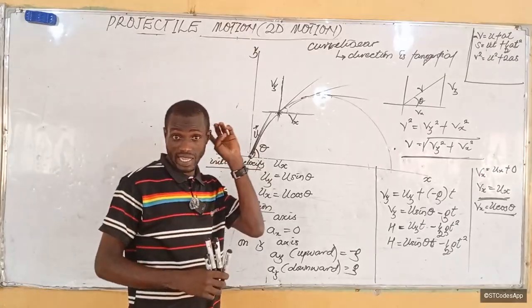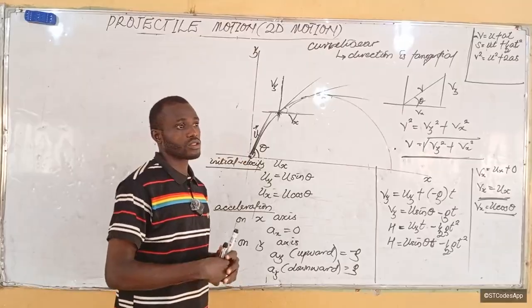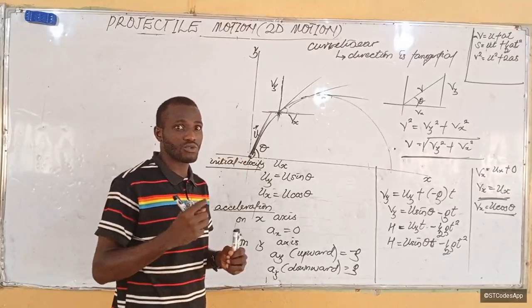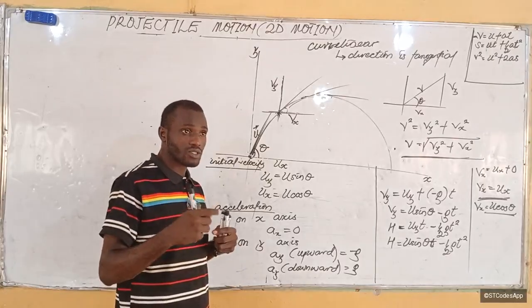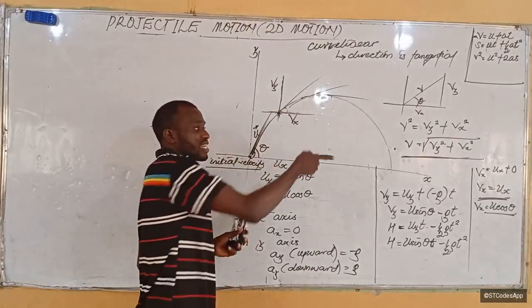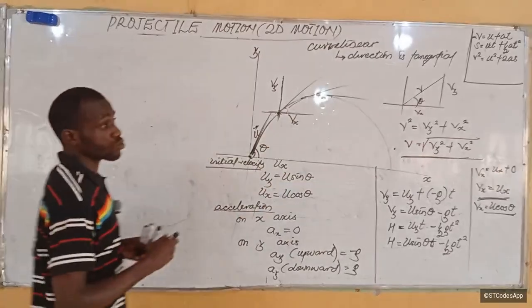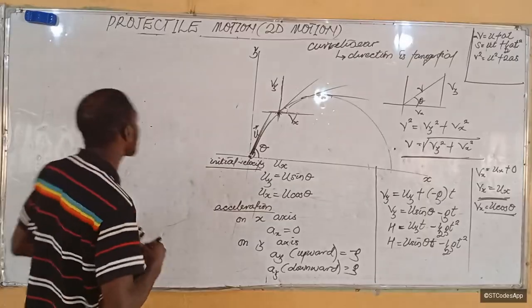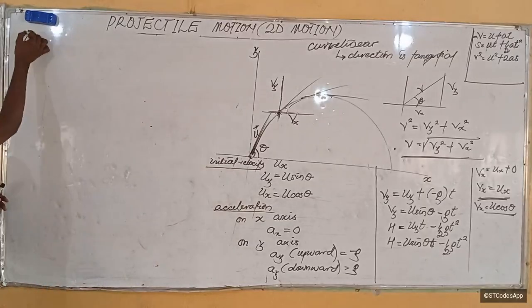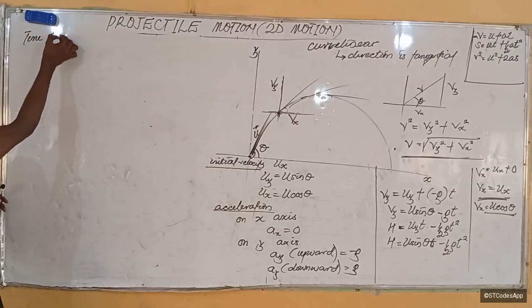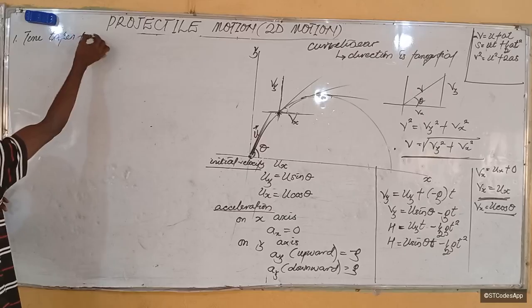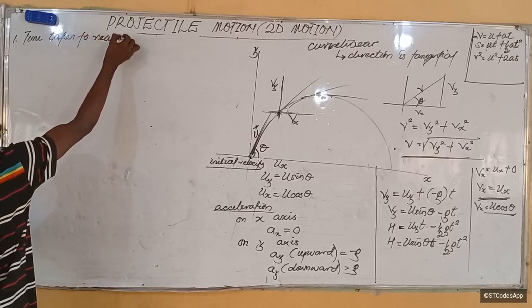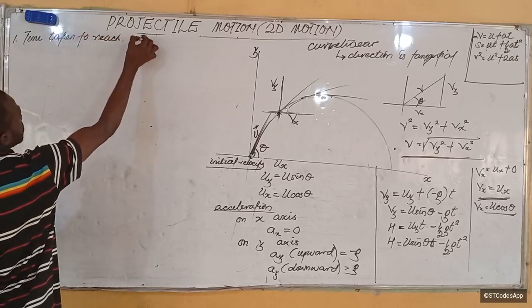Actually, when we say time of flight, sometimes we just refer to the time taken to reach the maximum height, or sometimes we actually mean the total time of flight. But usually, if you are told to calculate the time taken to reach the maximum height, you'll be given that. So the first thing we want to calculate is the time taken to reach maximum height.